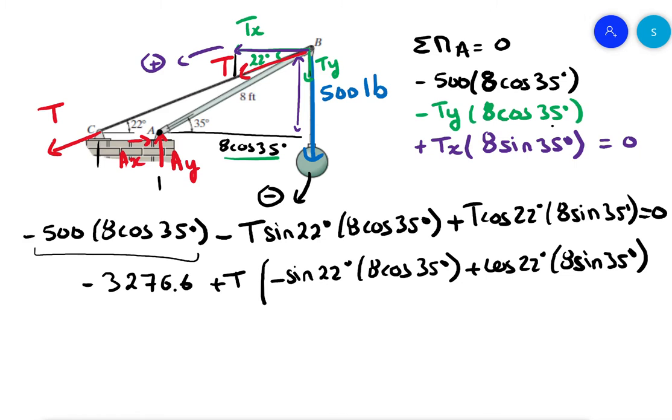And instead of equal to 0, let's put this on the other side and invert the sign. So T is equal to this divided by all this term. Don't make a mistake with your parentheses. So minus sine 22 times 8 times cosine 35 and plus cosine 22 times 8 times sine 35.